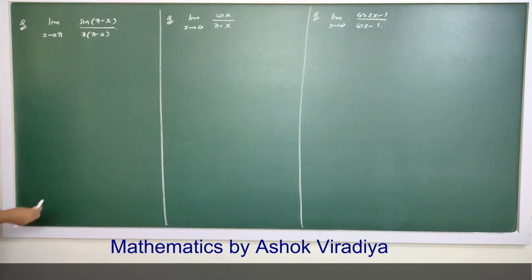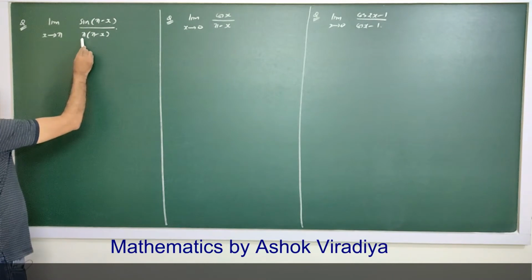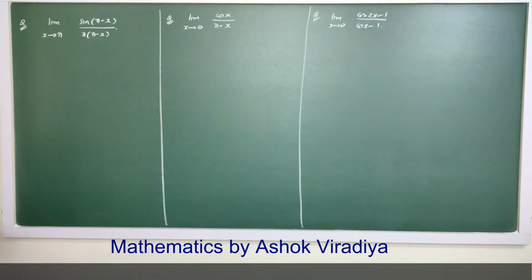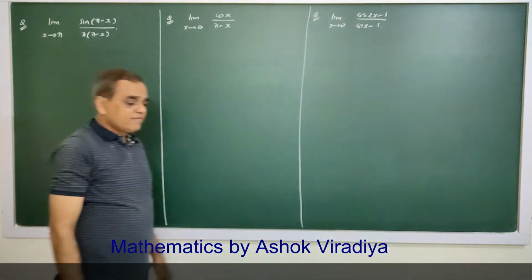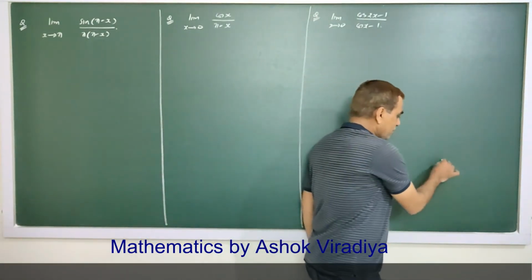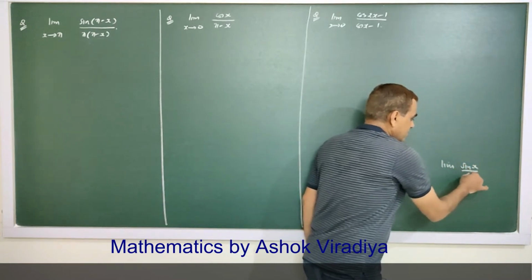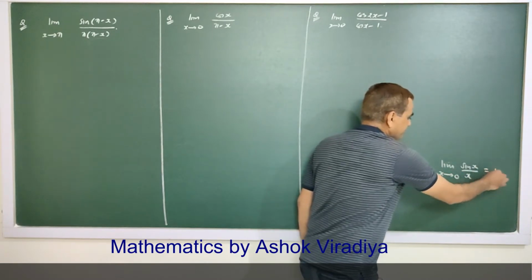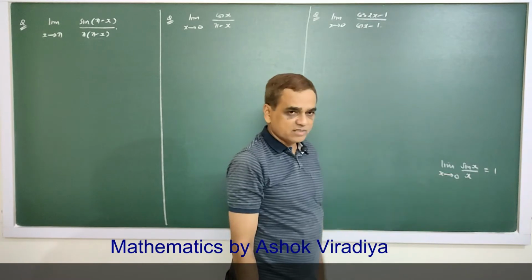Now here, this is sine of (pi minus x) upon pi into (pi minus x). Say here, x tends to pi. Whenever any trigonometric function is given, then in most of the questions, we shall use this form: limit of sin x by x, x tends to 0, is 1.